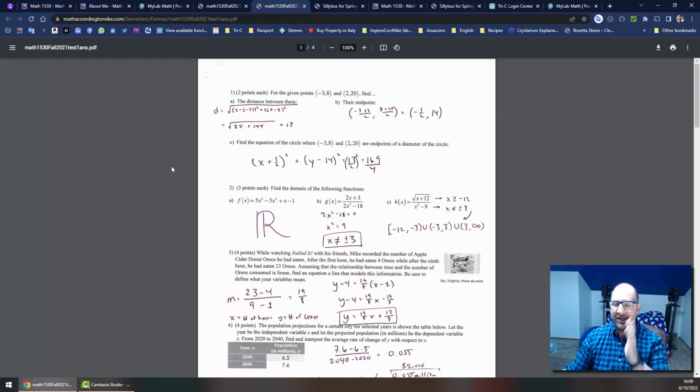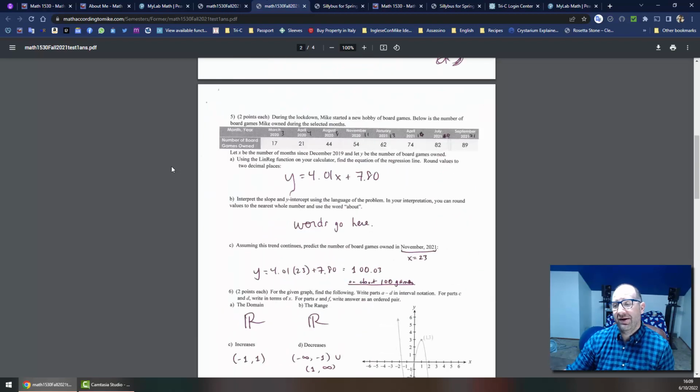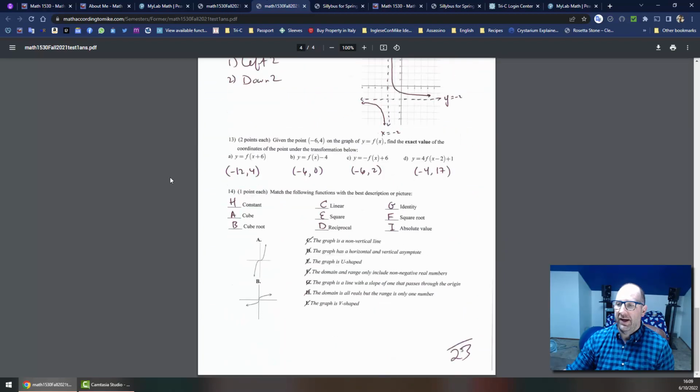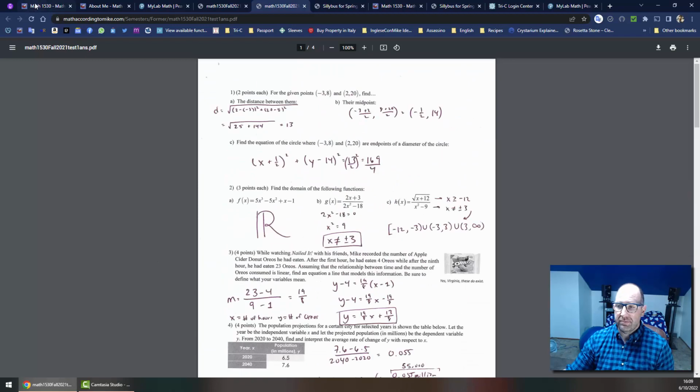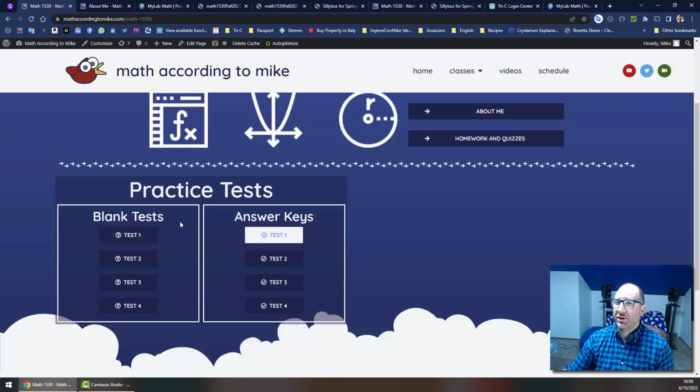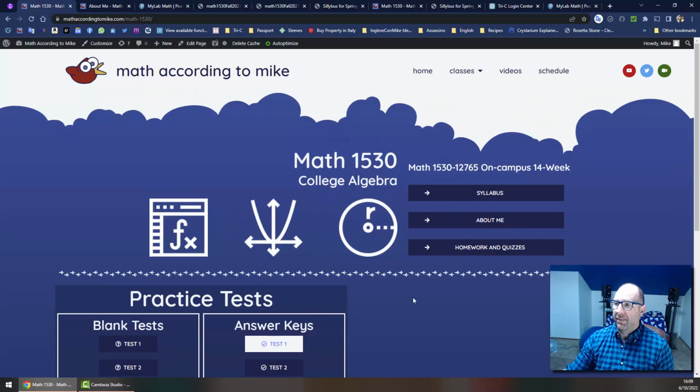You'll notice the answer key is not just the answer, it's also the work necessary to get that answer. So for pretty much everyone, the first 2 are for the midterm, and then all 4 are for the final. And that's the classes page itself.